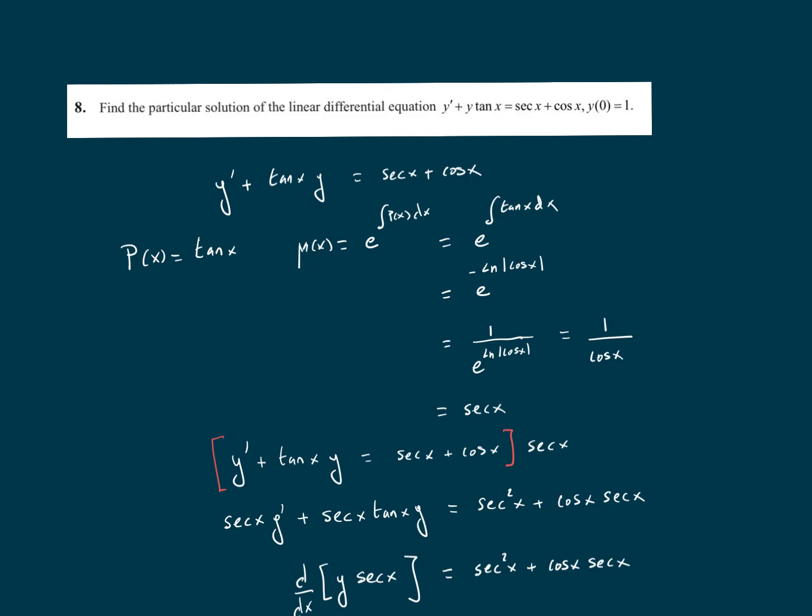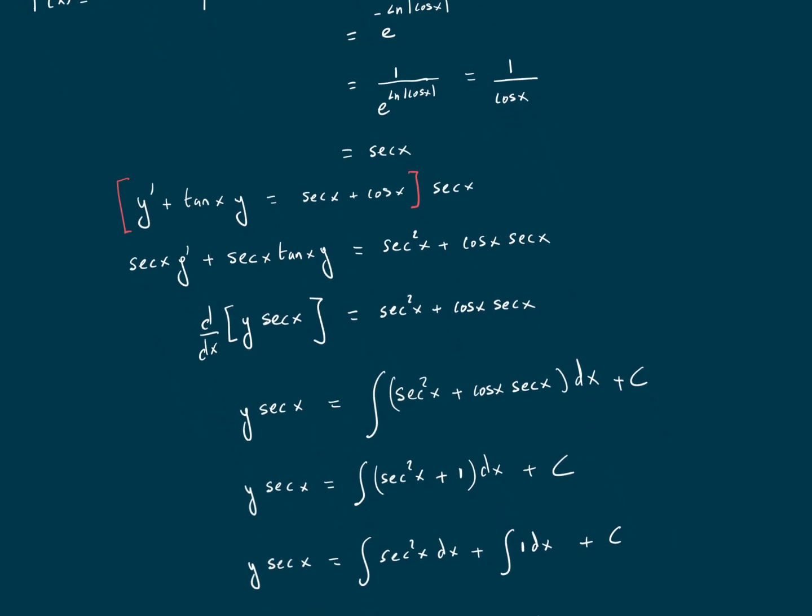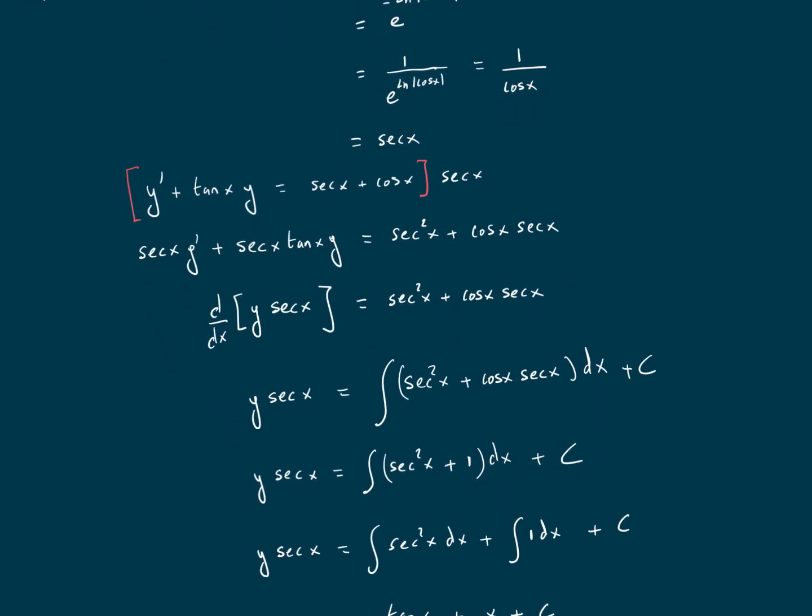So we multiply the differential equation by the integrating factor, which is secant x. When we do, we have an equation that says secant x y prime plus secant x tangent x multiplied by y equals secant squared of x plus secant x cosine of x.